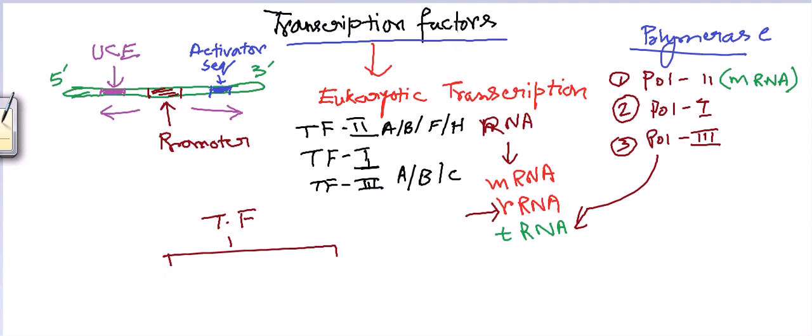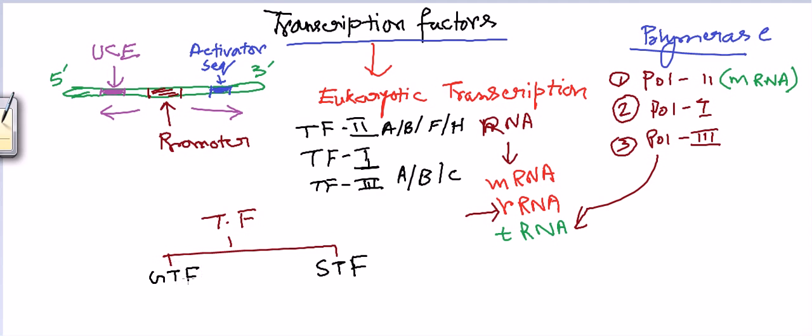One is the generalized transcription factor, or GTF. Another one is the specialized transcription factor, or STF. So there are two types of transcription factor depending upon their use during transcription, right?